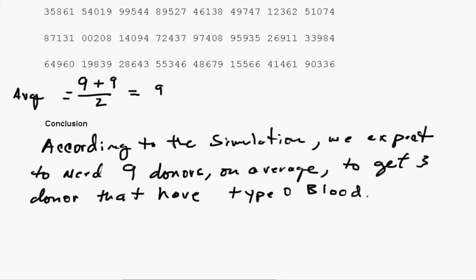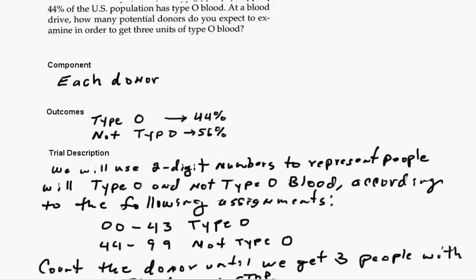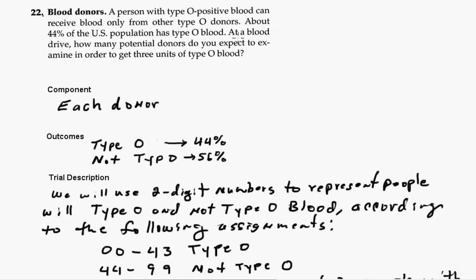Now I just want to comment on one thing. This question said at a blood drive, how many donors do you expect to examine in order to get 3? If they said how many donors do you need to ensure that you get 3, that's a different question.